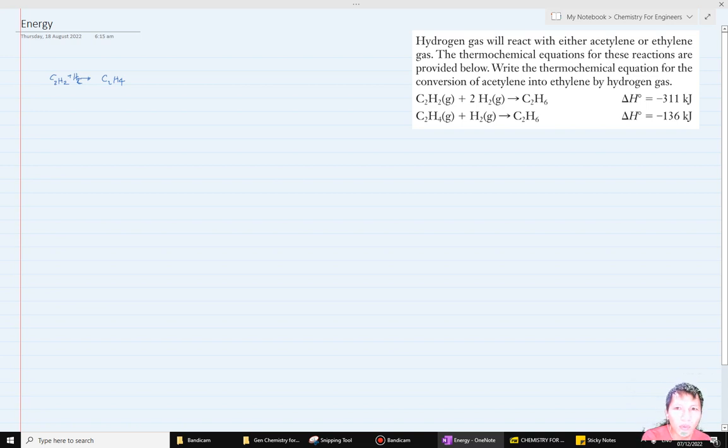So you have to have C2H2. We apply Hess's Law summation, so you can write the chemical reaction like this one.